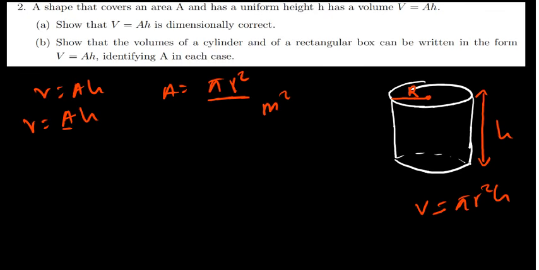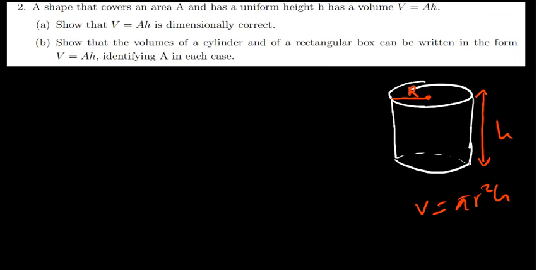You get it? Now let's go to the rectangular block. Do you know the shape of a rectangular block, the way it looks? The rectangular block is more like you have this, and then you have this.